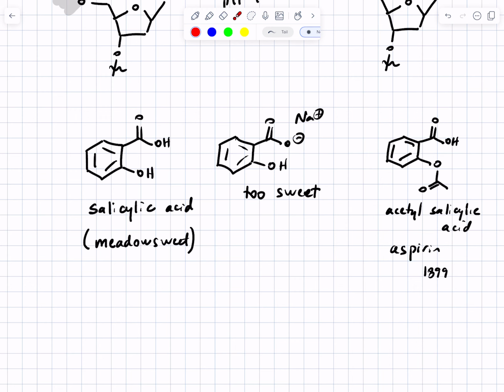That tells you what it does. We didn't used to know that. The Nobel Prize for discovering aspirin's mechanism of action as an anti-inflammatory agent was awarded in 1982, discovered in the 70s.